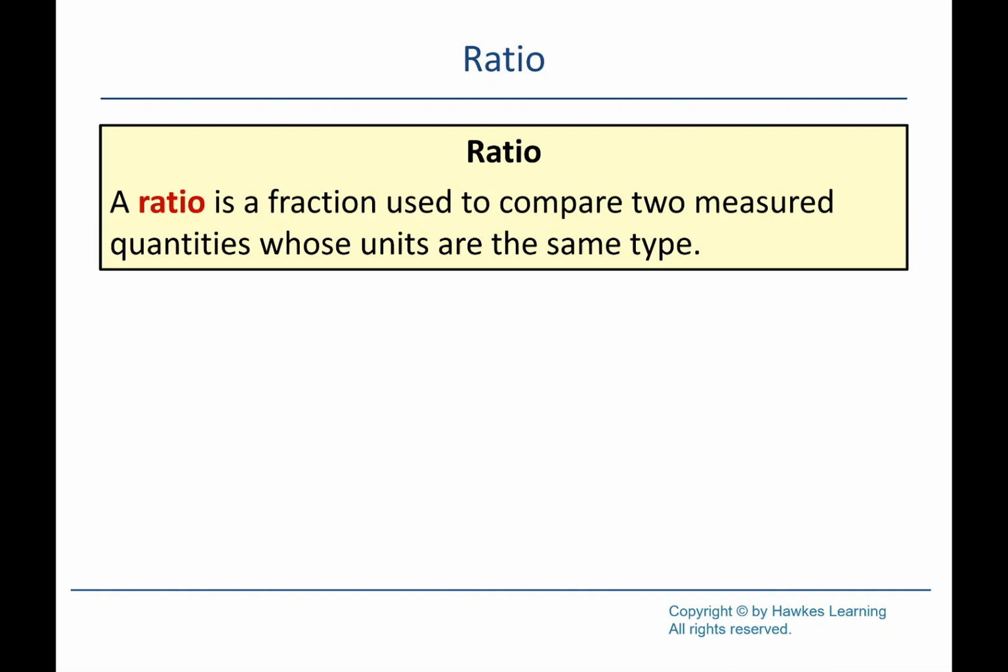So the idea with a ratio, since we have the same units, is a lot of times we can get away without having to write the units down. And because of that, we have several different ways that we can represent ratios. Okay, so there's really three ways to write them down.